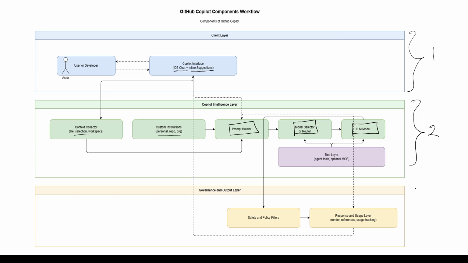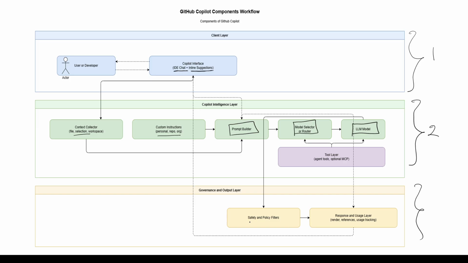And then we have a third layer which is called the governance and output layer, right? Whenever we ask a question, the processing happens in the Copilot intelligence layer. And then finally the response that we get back from this processing comes as a response. But everything that comes as a response in this governance and output layer is filtered.